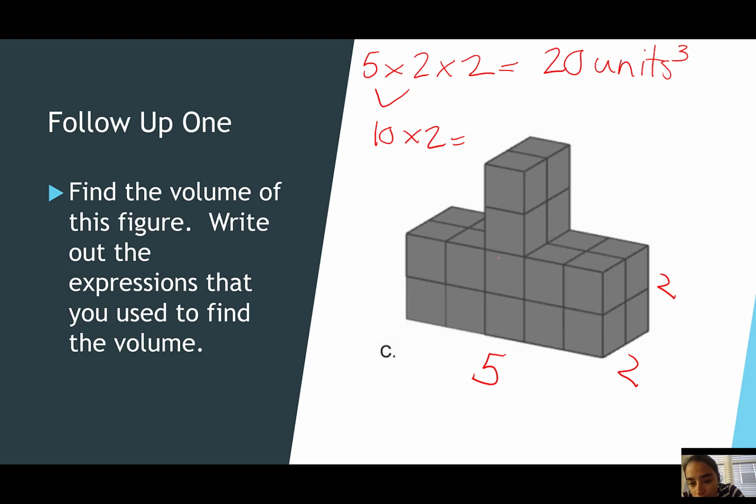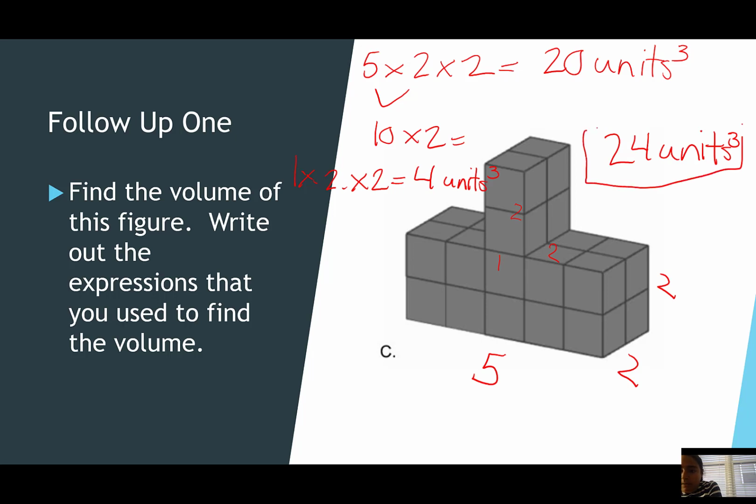So if I labeled that 1 by 2 by 2, or 1 times 2 times 2, which is 4 units cubed. If I add it up, the total volume is 24 units cubed.